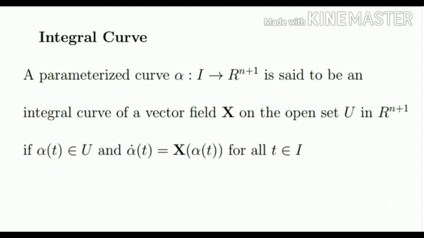A parameterized curve alpha from I to R^(n+1) is said to be an integral curve of a vector field X on the open set U in R^(n+1) if alpha(t) belongs to U and alpha dot(t) is equal to X(alpha(t)) for all t belonging to I.